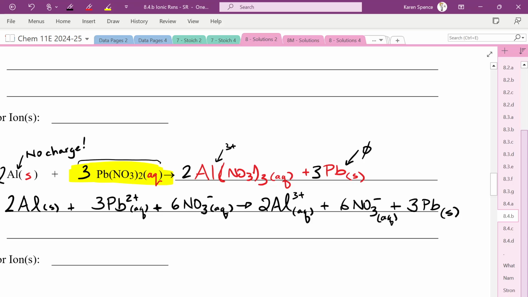That is our reaction. Who are the spectators? Nitrate. Just nitrate.